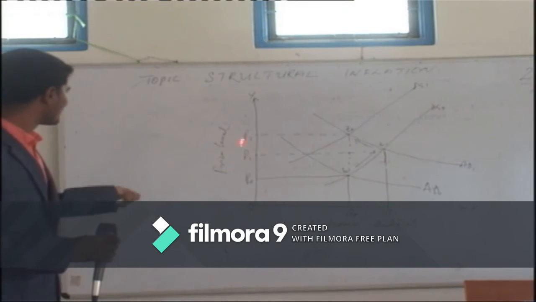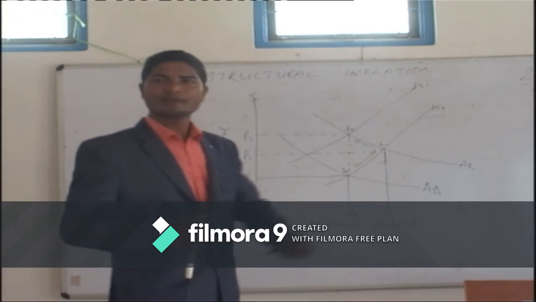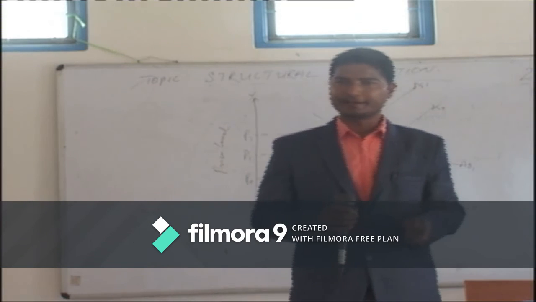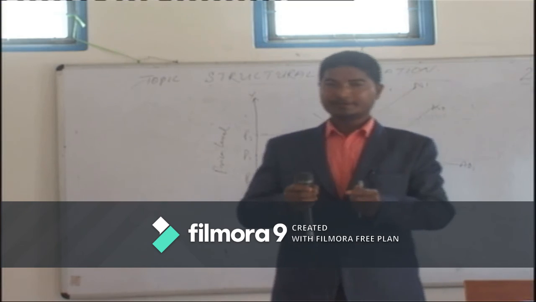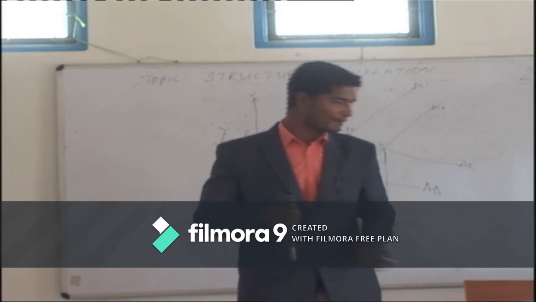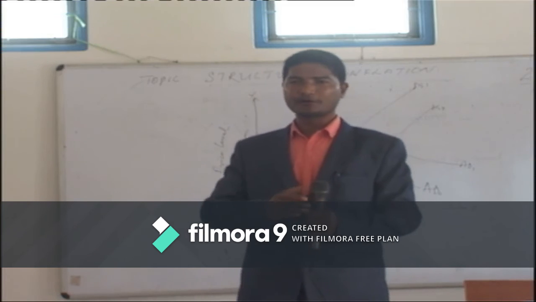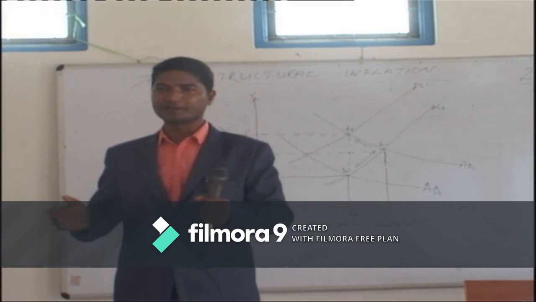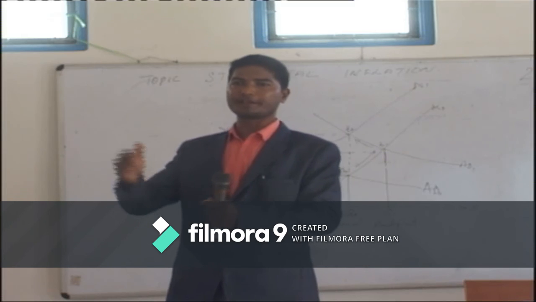This situation of rising prices keeps on rotating within the economy. Inflationary factors are functioning. Both demand pull factors and cost push factors are functioning within the economy, and the economy is moving forward year by year.